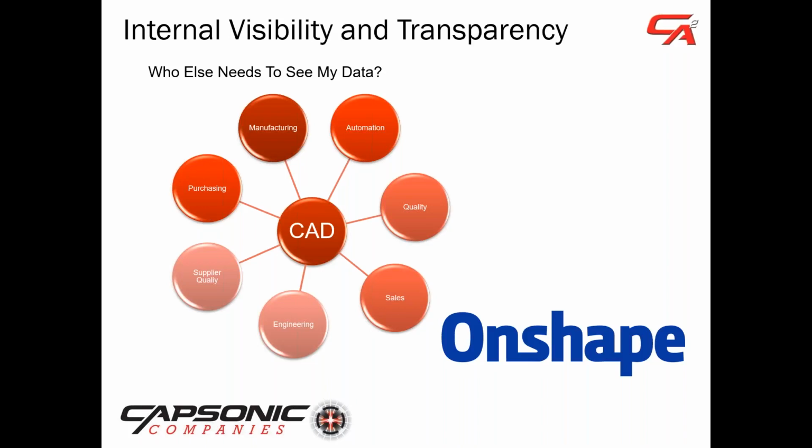So we're in the process of teaching our purchasing department how to access Onshape so that they can simply go get the latest level drawing themselves through the release process that we have within Onshape.